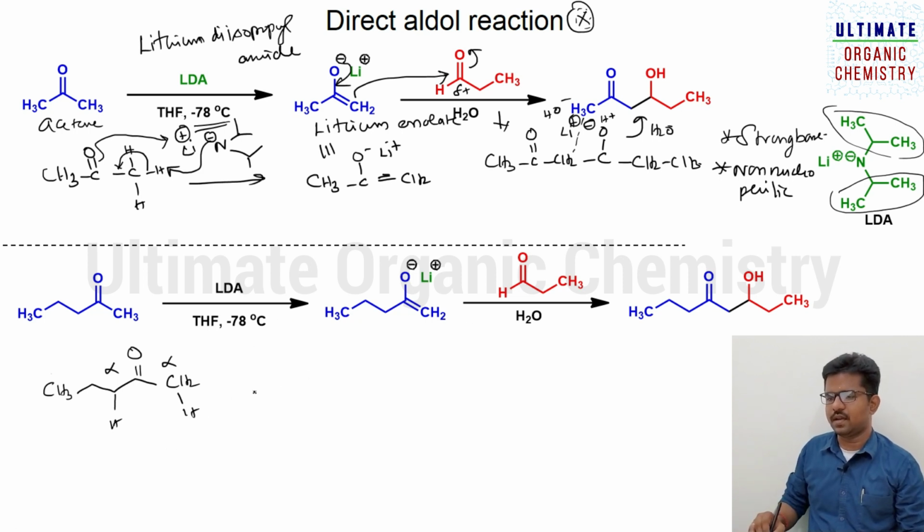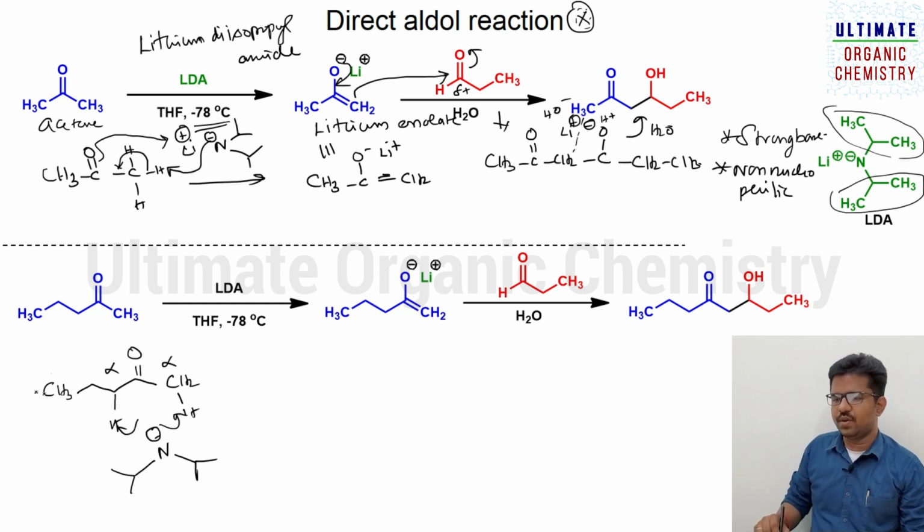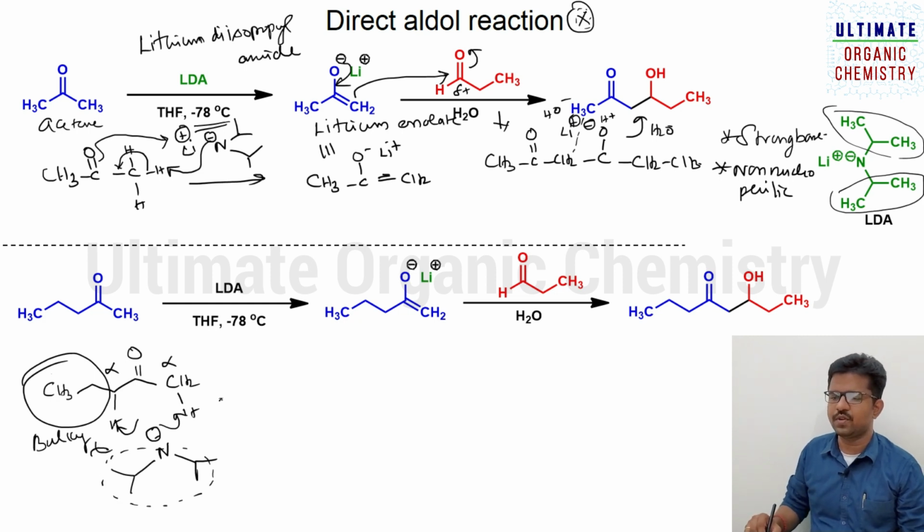I said it is non-nucleophilic because of steric hindrance. So it can approach this hydrogen or this hydrogen. But if you check, here you have an ethyl group which is bulky in nature. So this is already a bulky reagent, so it cannot approach this way, so it will approach from the less hindered side. Okay, so directly it will attack this place and not this one.